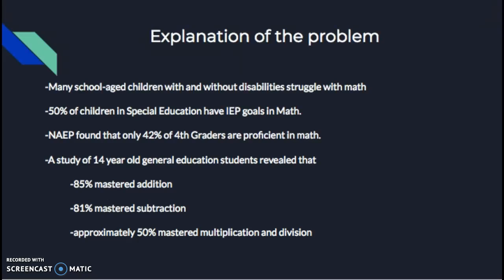NAEP also found that 42% of 4th graders are proficient in math, which would mean 58% are not. A study of 14-year-old general education students revealed that 85% mastered addition and 81% mastered subtraction. What was astounding to me was that approximately 50% were found to have mastered multiplication and division, which means half could not master their multiplication and division facts.